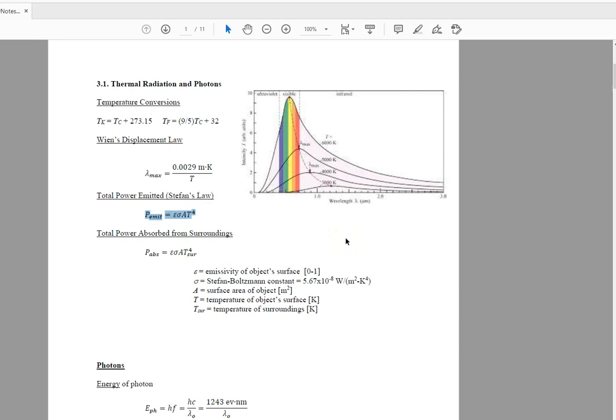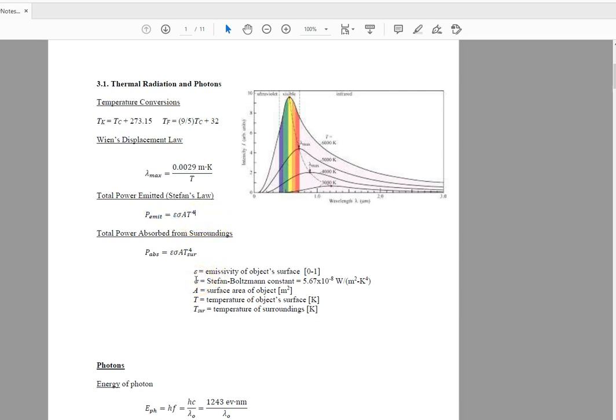The total power emitted in the thermal radiation is equal to, and we'll describe these things in just a second, epsilon sigma A T to the 4. So you should know that also. What's this epsilon, the sigma, the A, and the T? Come down here.